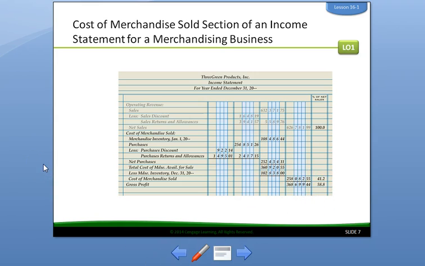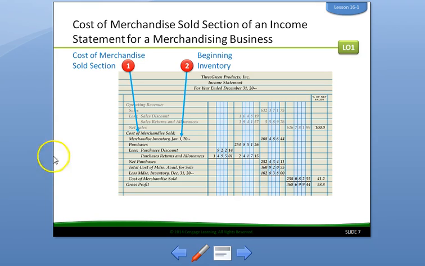So let's step through what we're doing here. We're going to write the cost of merchandise sold at the extreme left, and then we're going to talk about inventory. So the beginning inventory, we have merchandise inventory on January 1st, and you would be given that amount.